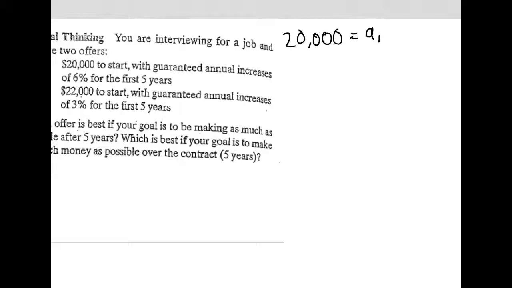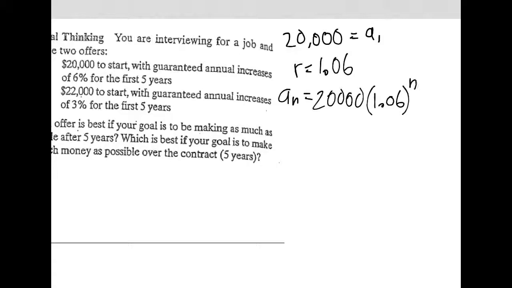So that's the starting point for this problem. That's what we need to understand. So we have our first term, 20,000. We have our common ratio R is 1.06. So now we can write our explicit formula. A sub n equals the starting term, 20,000, times our common ratio, 1.06, raised to the power of n minus 1. And that is for option A right there.